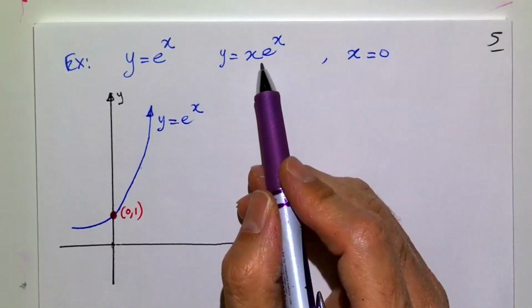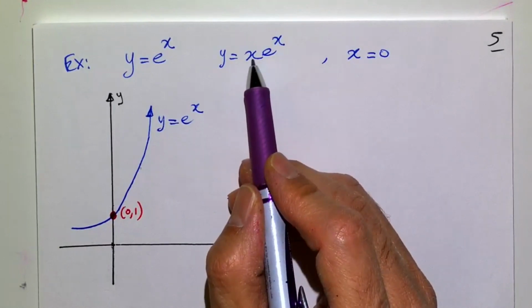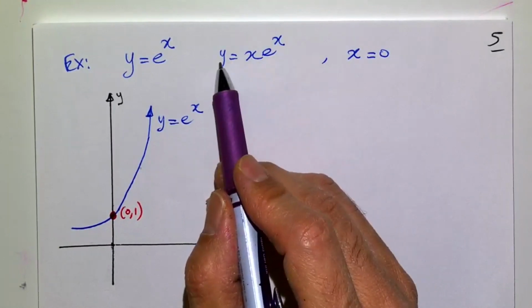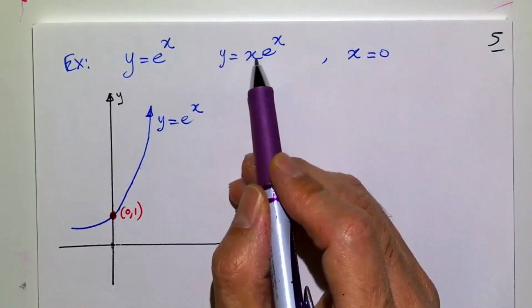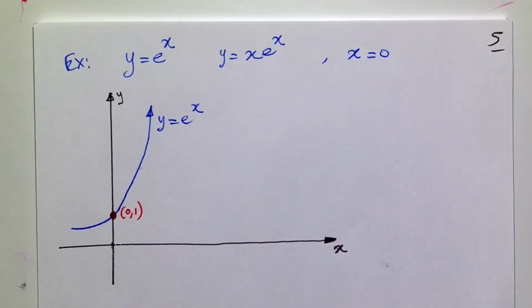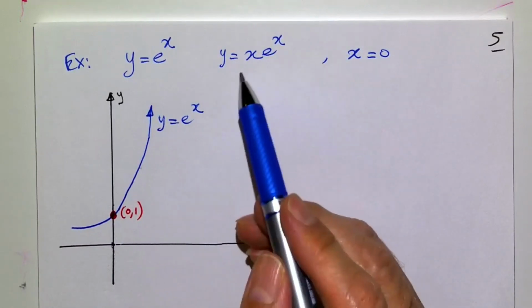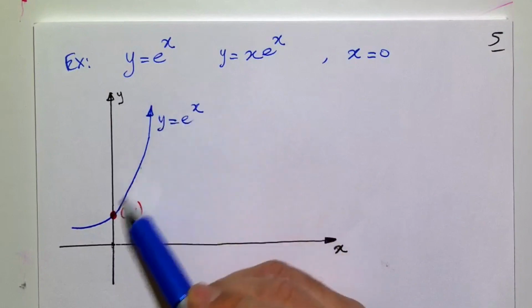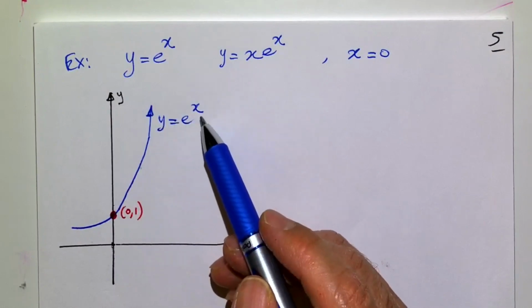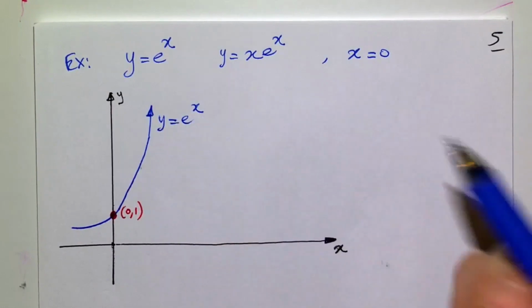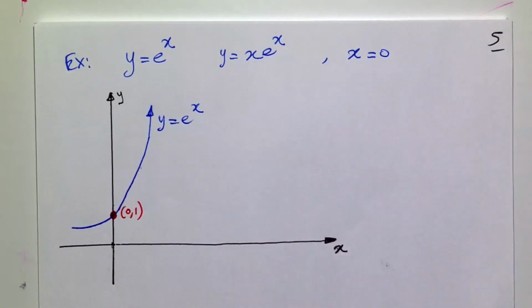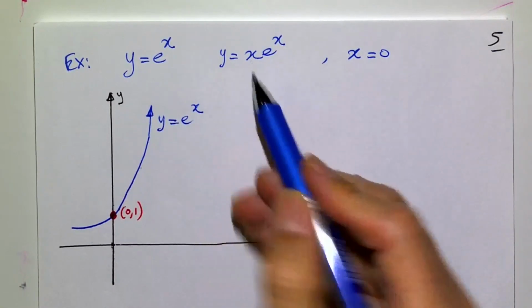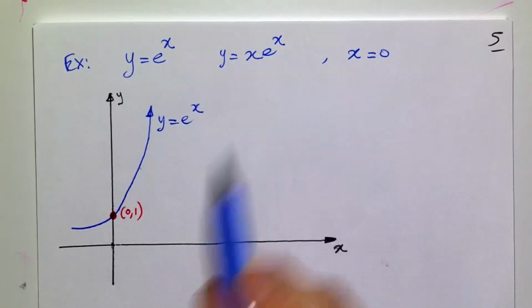Now this other one is going to go through the origin, because if you substitute 0 for x, you get 0 because of this multiplier. But it's going to behave the same way as y equals e to the x, except it's going to grow faster because of this multiplier when x is positive.